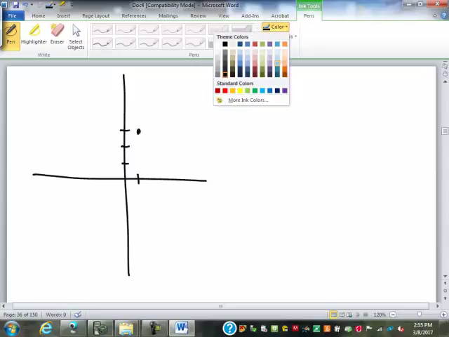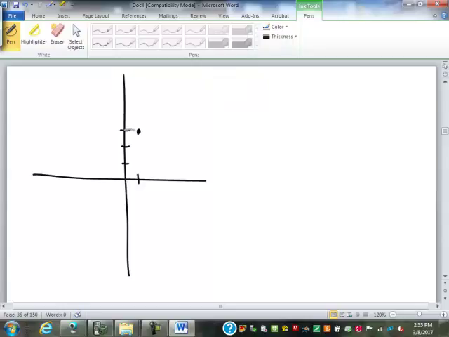So how about here? We have our first point here. What's the coordinate of that point? 1, 3, good.